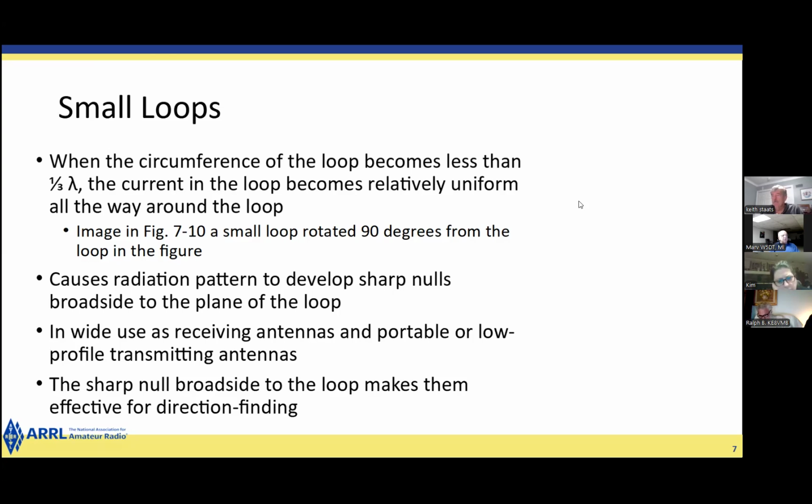They're used effectively as receiving antennas and portable or low profile transmitting antennas. A lot of people in HOAs use them because they can put them out in their yard, and then bring them back in after they're done working.